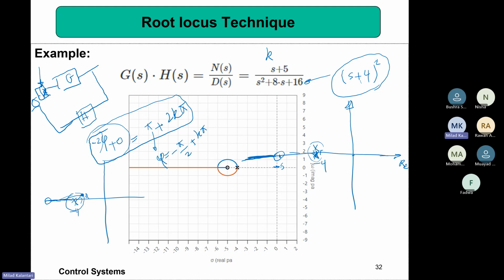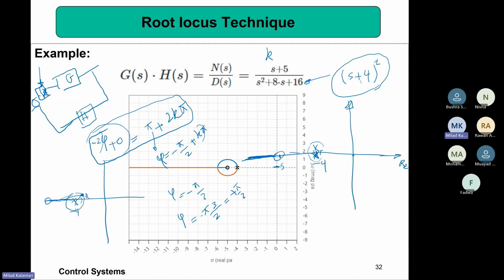So that means, let's say k is 0, then phi is negative pi over 2, and then for the larger k, it will be negative 3 pi over 2, or like plus pi over 2. Basically, this way you can figure out how the poles are supposed to run away.